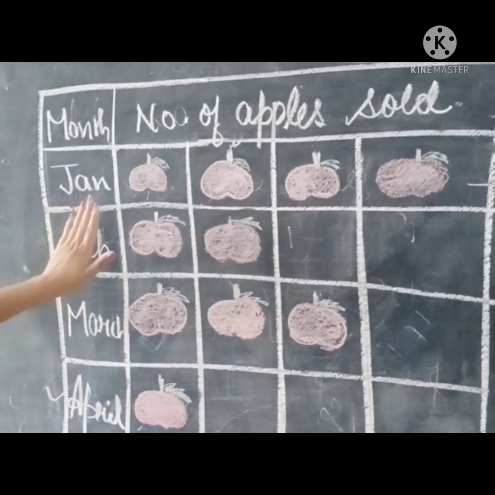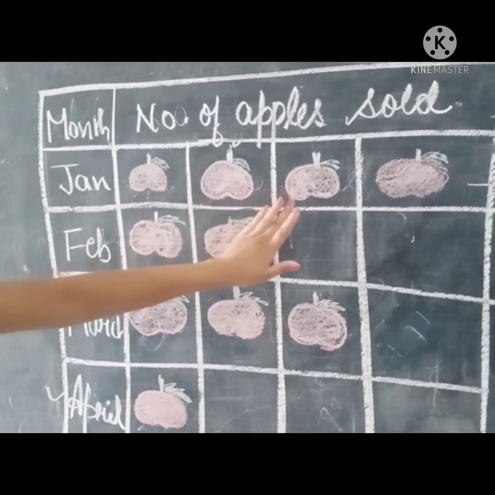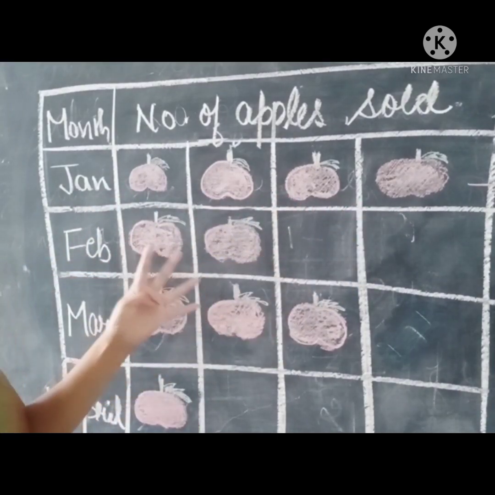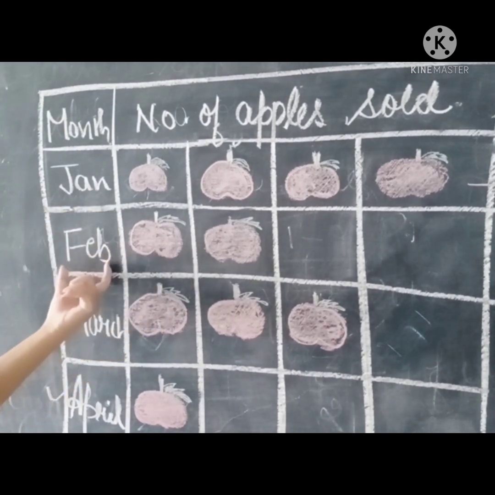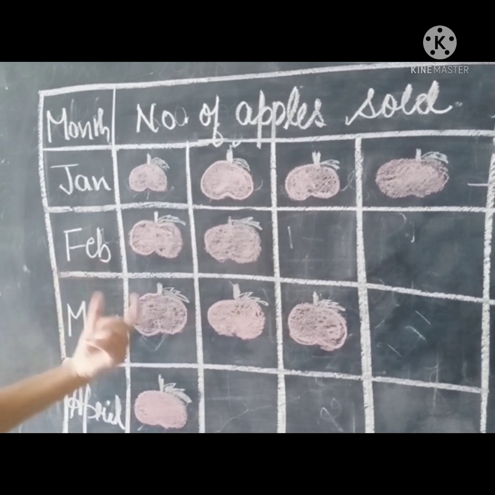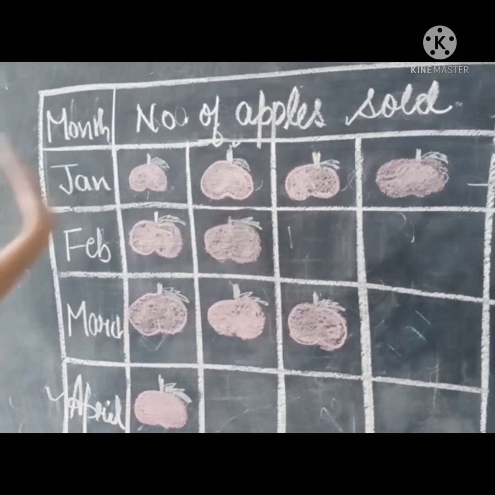As you can see, 4 kg of apples are sold in the month of January, 2 kg in February, 3 kg in March, and only 1 kg of apples in the month of April. So you can clearly understand from this pictograph that in January the maximum number of apples were sold, and in April the least number of apples were sold.